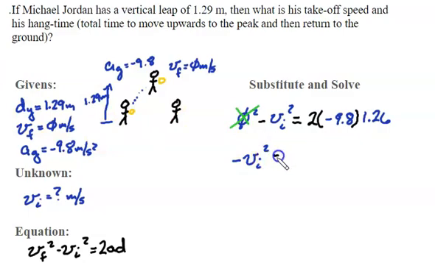equals, and when I do all this math, 2 times negative 9.8 times 1.26, I get a negative 25.284. Now I have a negative here and a negative here. That's kind of problematic, so I'm going to divide through by negative 1.